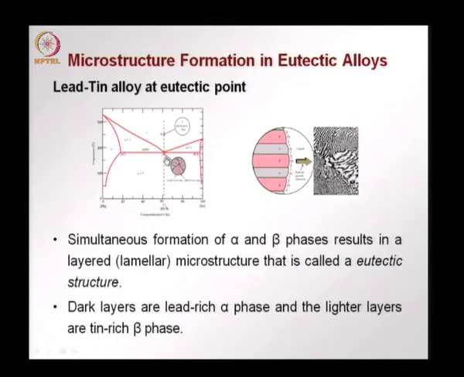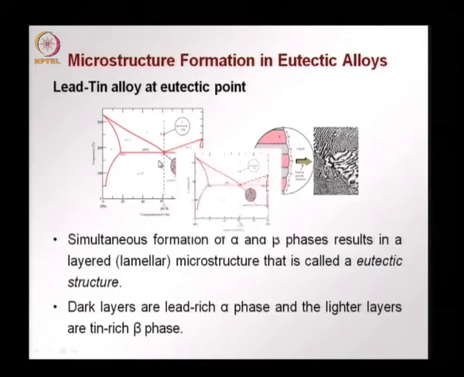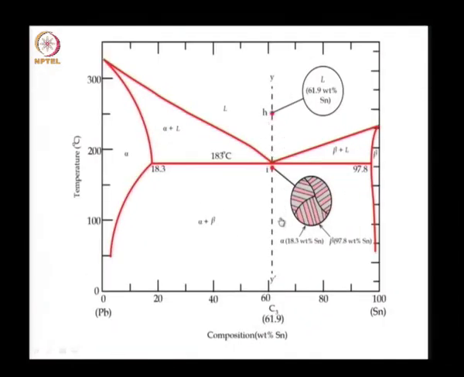Now, let us see what happens in the eutectic point. So, we take a composition with about 62% tin, that corresponds to the eutectic composition. So, we would have a liquid here, say in this region, for example, at this point H, at the temperature corresponding to H, we will have a liquid with 61.9% tin.